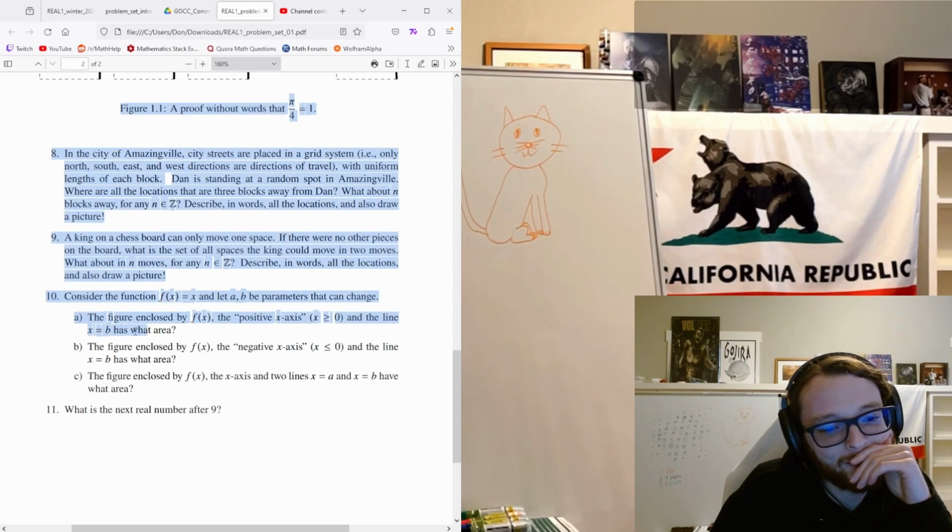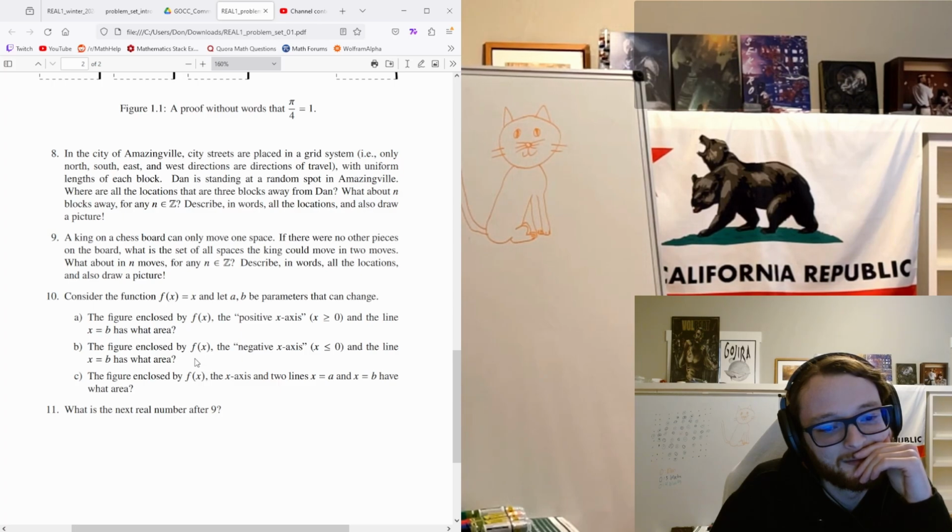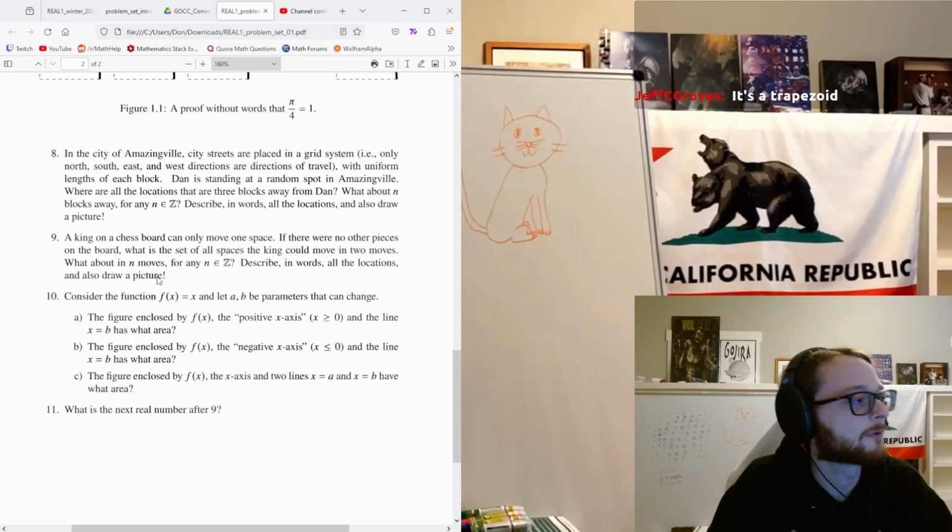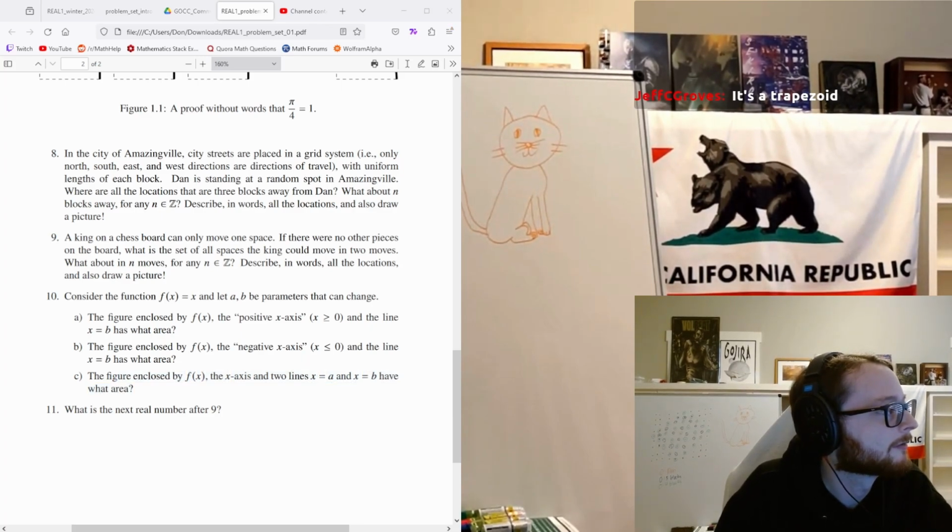Is b greater than 0 here, and is b less than 0 here? Or maybe we need to calculate both cases, or equal to 0. Okay, I definitely need to draw this out.